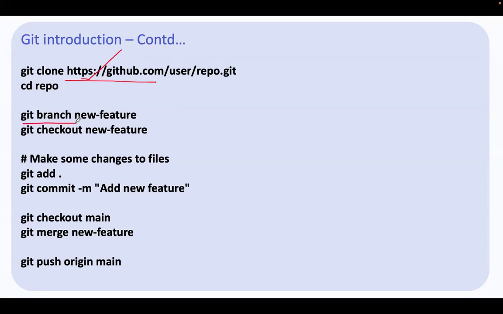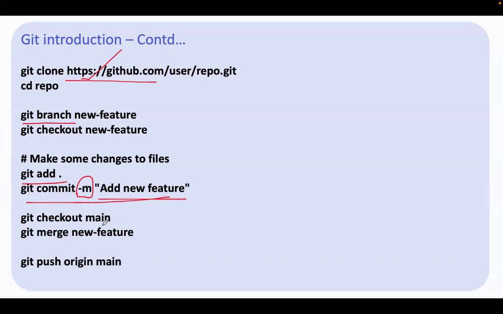Git add dot, git commit. Many people tend to forget -m, which is very important. Without that, you cannot really save a commit. -m is just a message, followed by a string of a few statements.